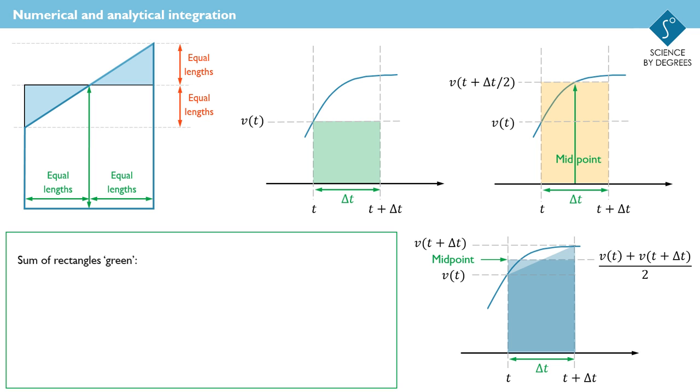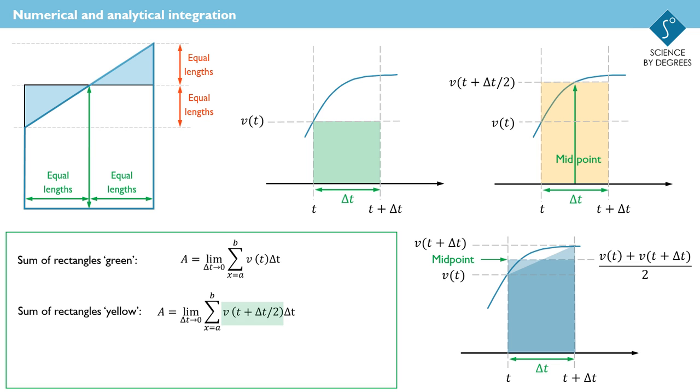If we're adding green rectangles, the height of the rectangles is given by the velocity at time t. If we're adding yellow rectangles, the height of the rectangles is given by the velocity halfway along the time interval. And if we're adding trapezia, they are just like rectangles, where the height of the rectangle is halfway up the slanted portion of the trapezium.